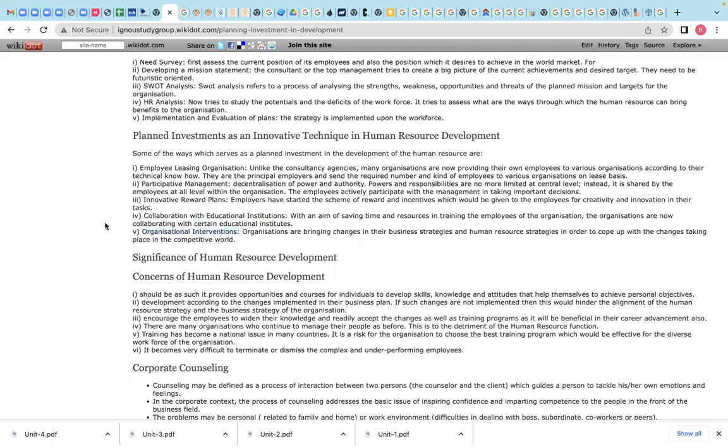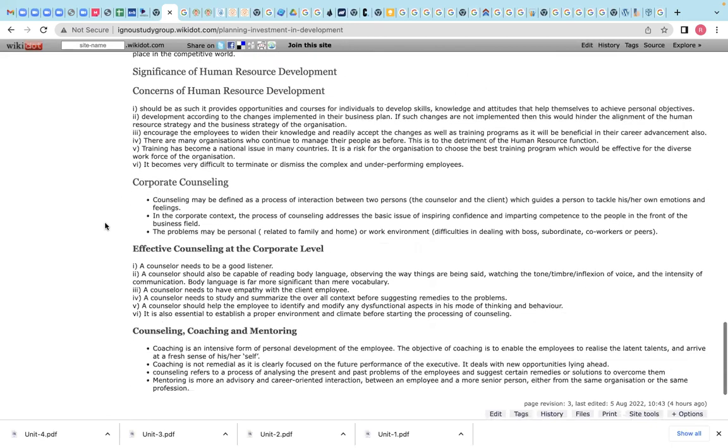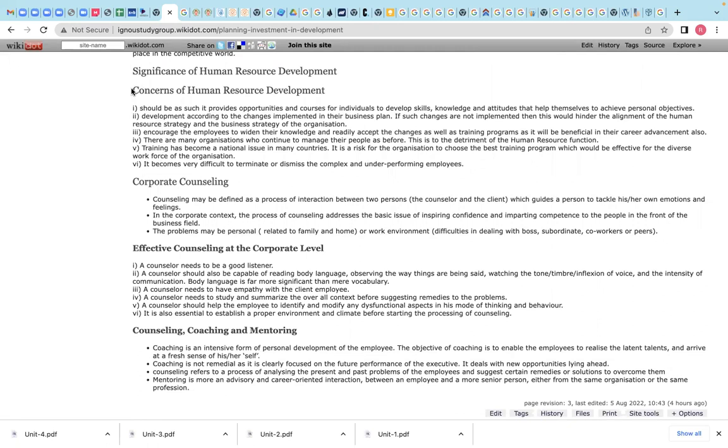Next is significance and concerns of HRD. What are the concerns? It provides opportunity courses for individuals to develop skills. So first, it should be able to provide people the right opportunity. If it is not able to provide, then it is a problem, right? It should meet their personal objectives. That is the first concern.